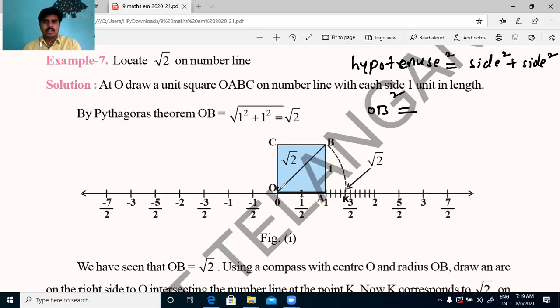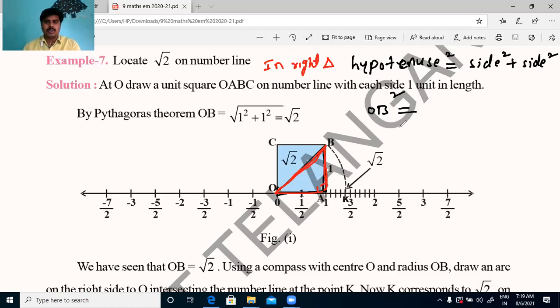Look at here. This is the hypotenuse for this OAB triangle. Now, if you observe, OABC is a square. In that, OAB is a right angle triangle, where the right angle is at A. Now this OB becomes the hypotenuse. So in a right angle triangle, hypotenuse square is equal to side square plus side square, where OB is the hypotenuse.